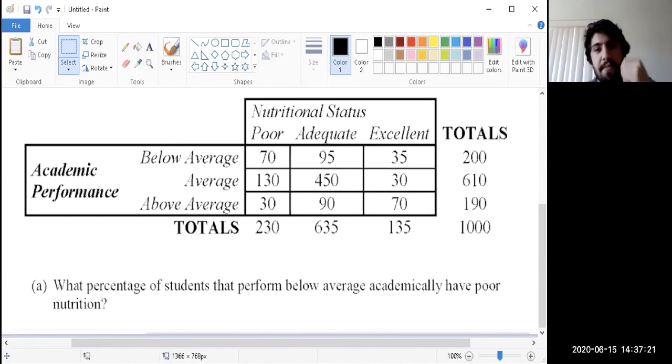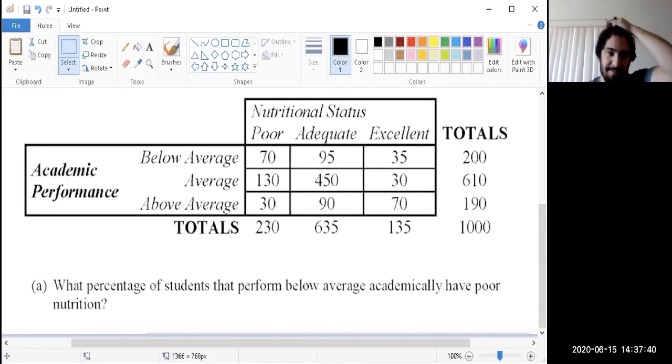Where are you getting 35? I divided 70 by 200. Yeah. I think. Am I right? Yeah, you're right.